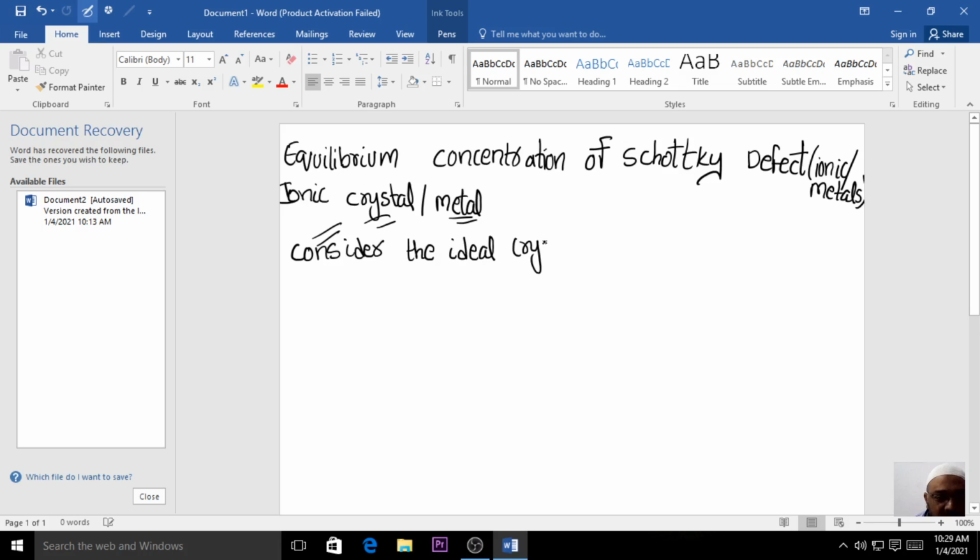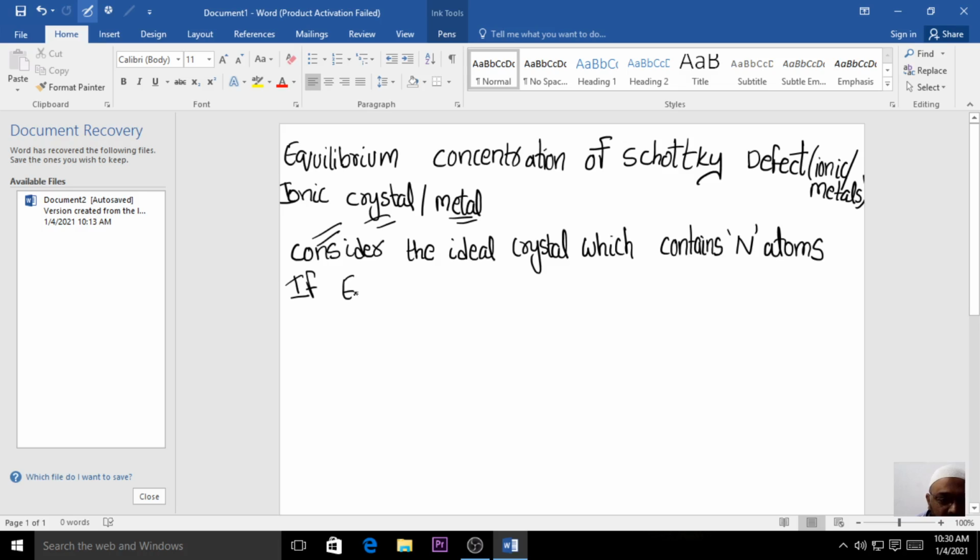In practice we will not have an ideal crystal, but for our discussion we'll consider the ideal crystal, which contains capital N number of atoms.